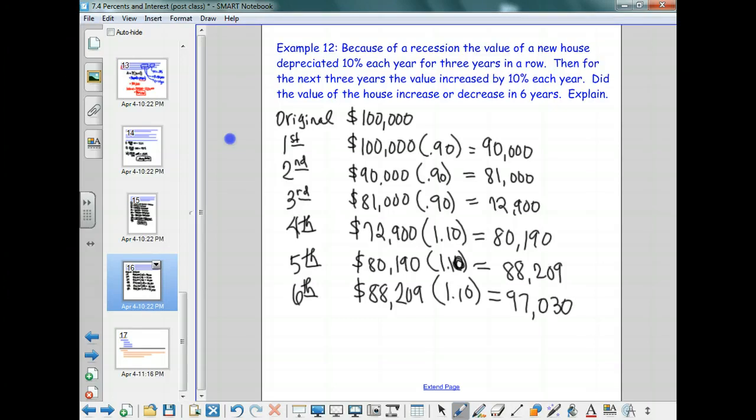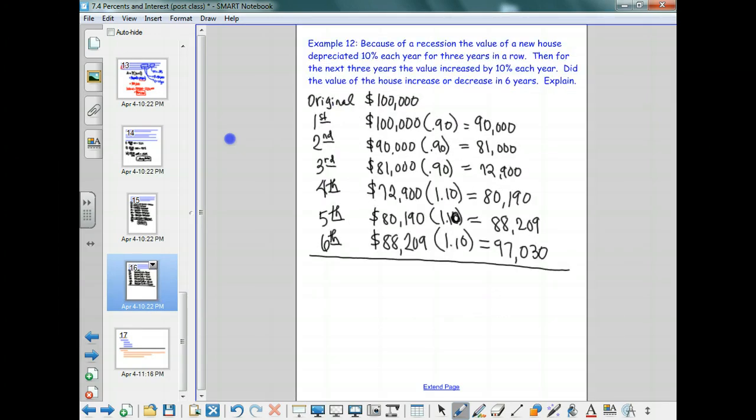All right, so first question is, did the value increase or decrease? What did it do? It decreased, right? And it would be a good idea to decide how much it decreased by. So I want to show you that. Notice, it started out, our made-up house at 100,000, and it came down to $97,030, right?